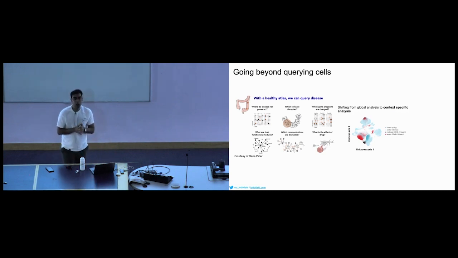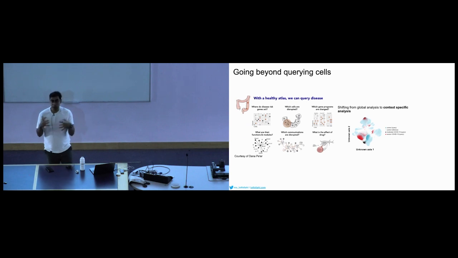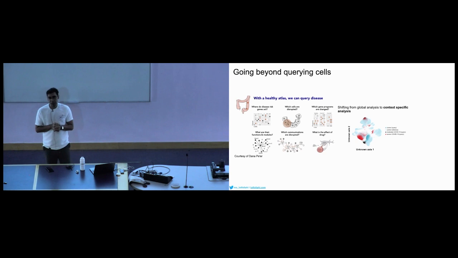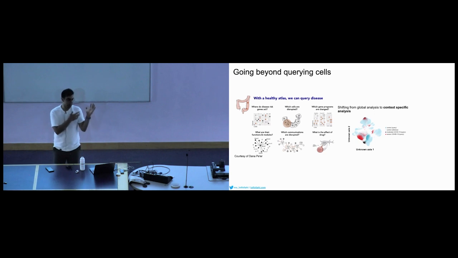The problem is the state-of-the-art methods for data integration and batch correction, or multimodal data integration, are mostly based on neural networks. So you have highly nonlinear methods that you can hardly interpret. And that doesn't allow you to answer many of these questions, because the currency of biology is genes, at least in this case.